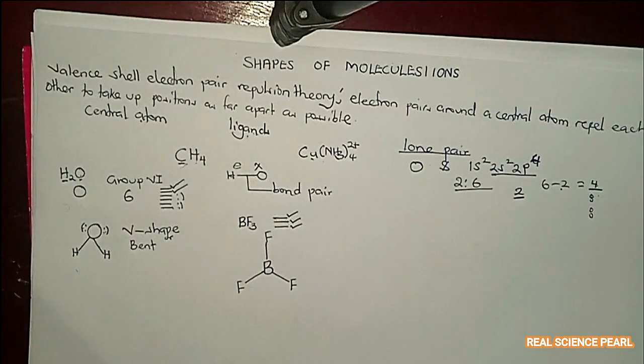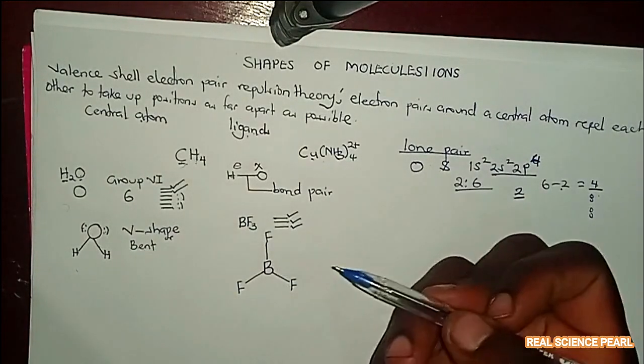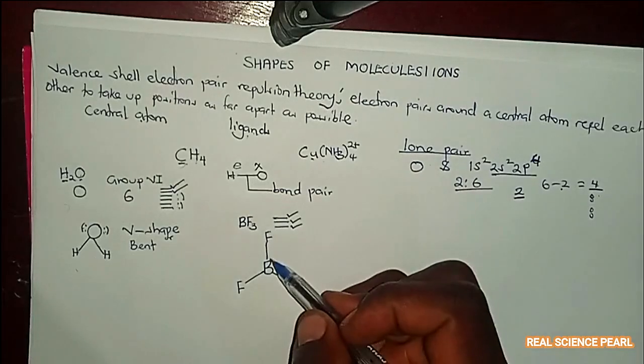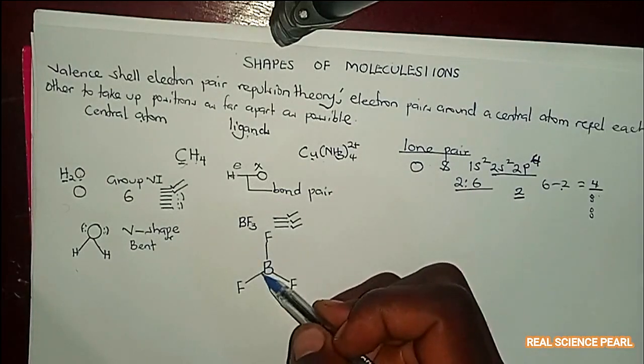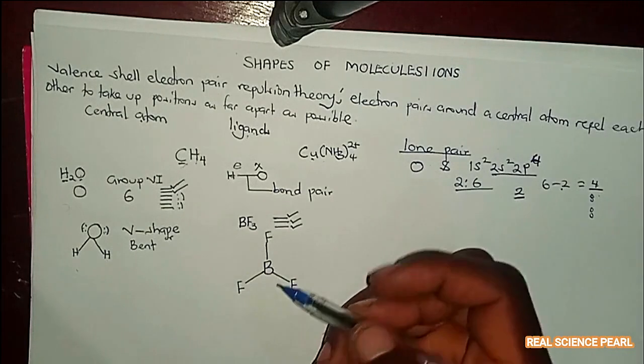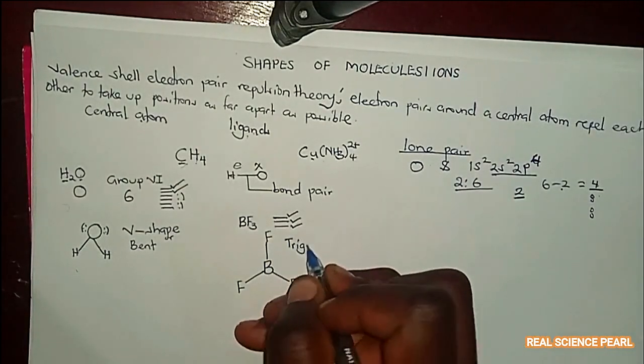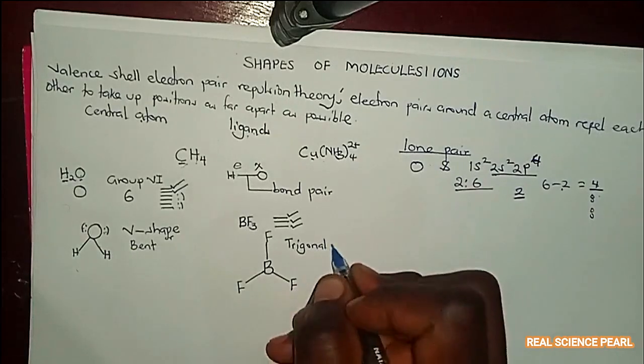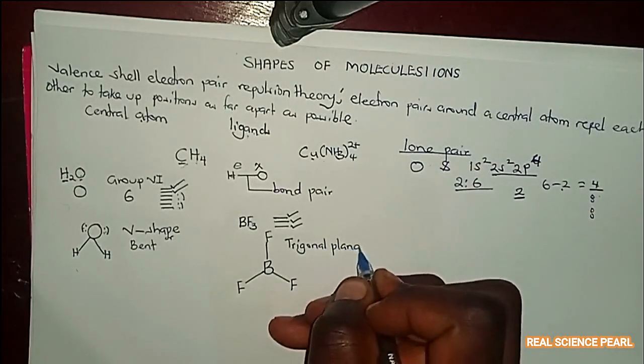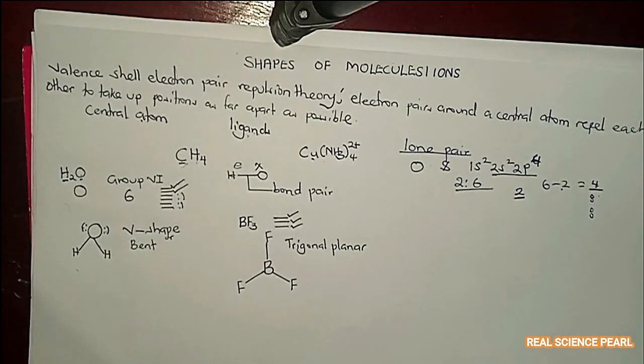So this is the shape of boron fluoride. Since we have 3 bond pairs and without any lone pair, they're supposed to be at 120 degrees, 120 degrees, 120 degrees to minimize repulsion. This is called trigonal planar, like that. So that is called trigonal planar.